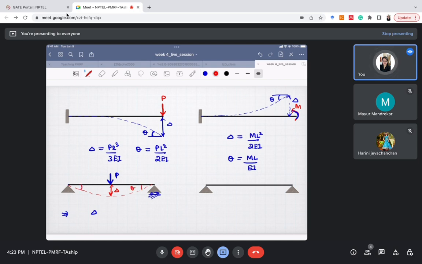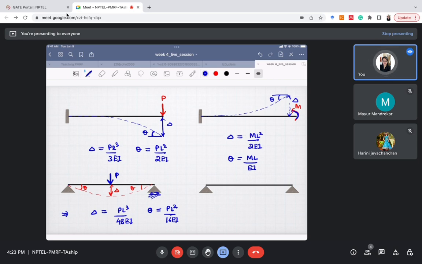Since the load is at the middle, both thetas will be equal: theta 1 equals theta 2 equals theta. So delta is equal to PL cube by 48EI, and theta is equal to PL square by 16EI. One more important formula you should remember.